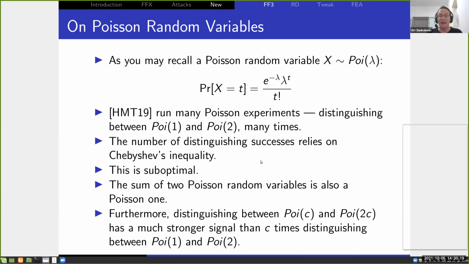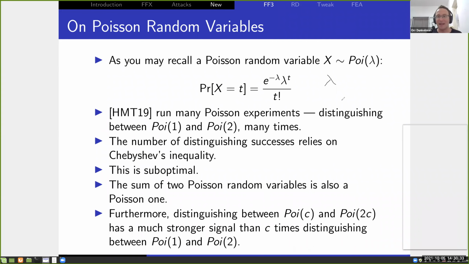Specifically, if you sum several Poisson distributions, you get a Poisson distribution. Now, the thing is, the variance of a Poisson random variable with parameter lambda is lambda. So the statistical difference here is very small when you count standard deviation units.